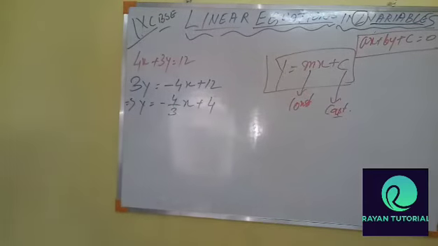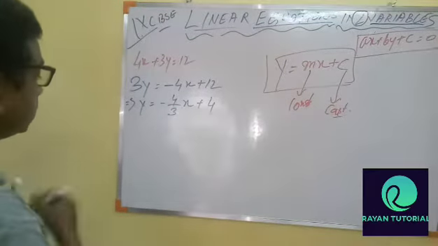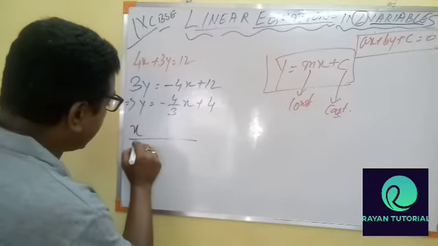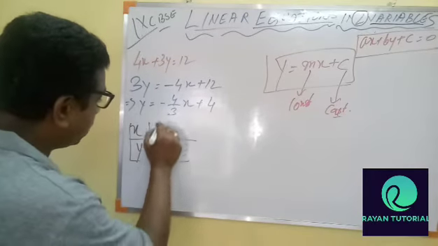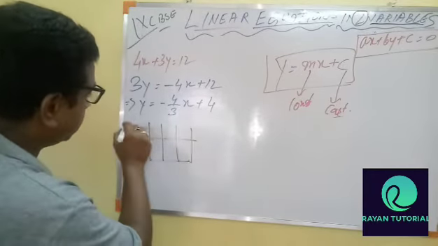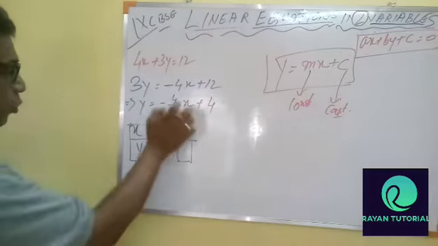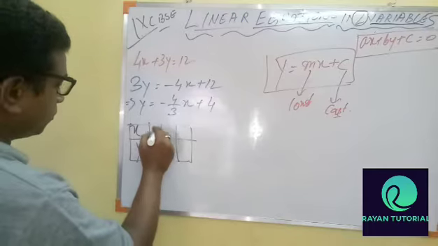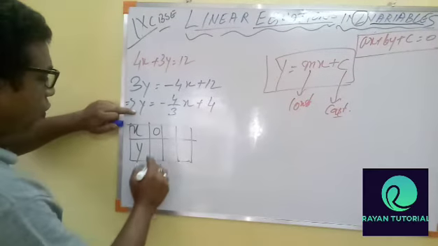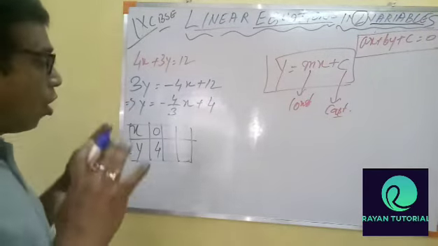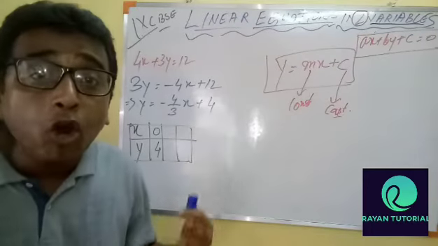Now let me draw the chart with x and y. Okay, now if I put x equals 0, y equals 4. Always try to bring the whole numbers.